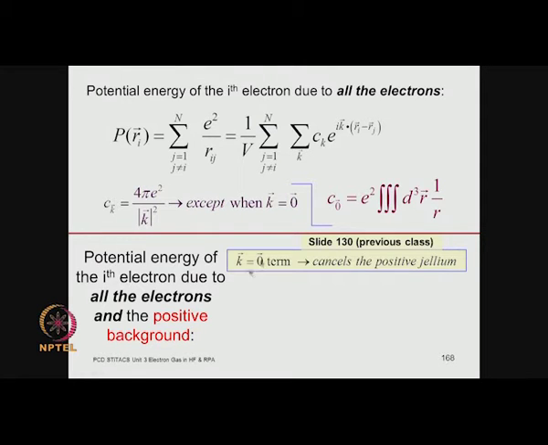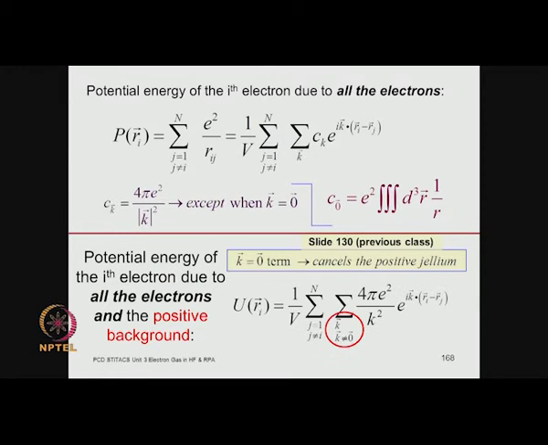Okay. So, if you take this for all values of k, but leave out the k equal to 0 term, because that is the term which is going to cancel the positive jellium effect, then you have got the potential energy of the ith electron in the field of all the remaining electrons and the positive background.